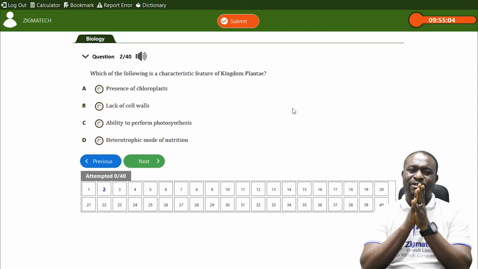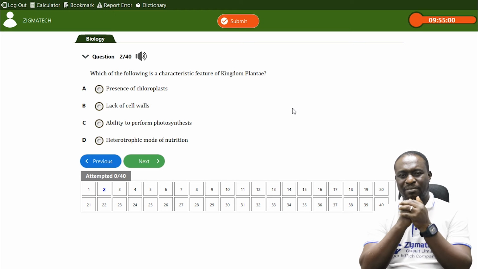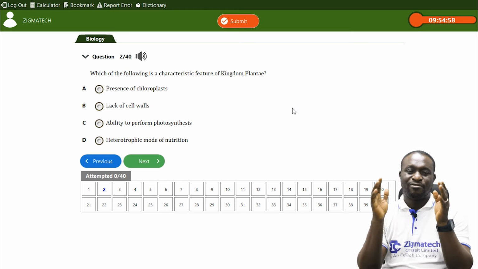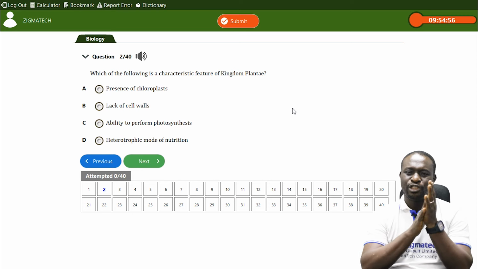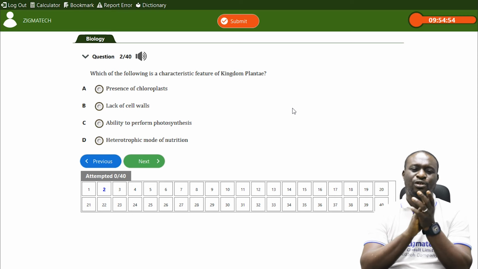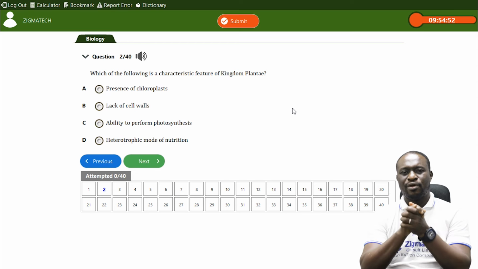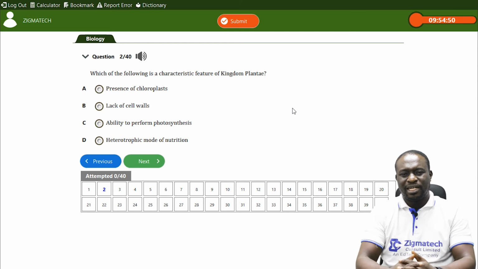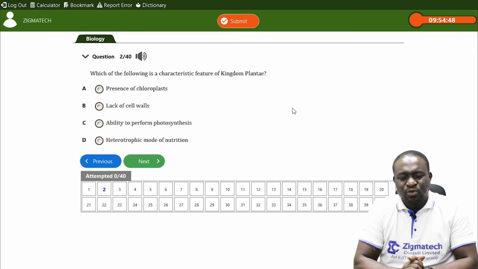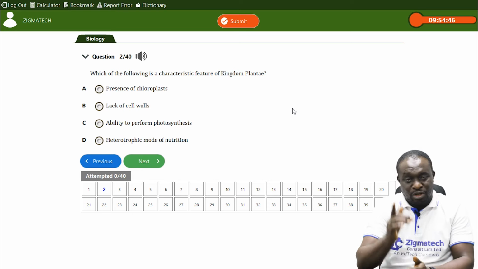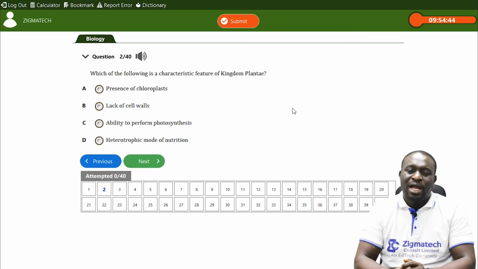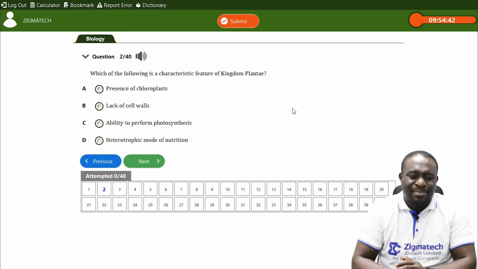We have different kingdoms. I think Carolus Linnaeus was the man that classified living things into 5 major kingdoms. These 5 major kingdoms are Kingdom Monera, Kingdom Protista, Kingdom Fungi, Kingdom Plantae, which we're going to be looking at briefly, and then Kingdom Animalia.